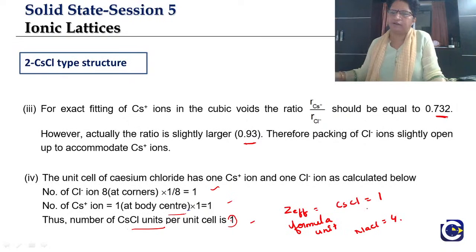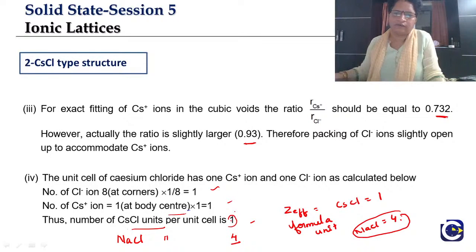Ratio we are taking as 1:1. But the effective number of sodium chloride units per unit cell will become 4. For cesium chloride it is 1. I am just trying to make you understand the difference so that it will become easier for you to study. Any doubt? Shall I continue?